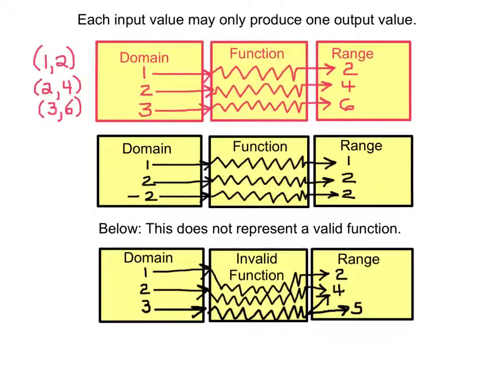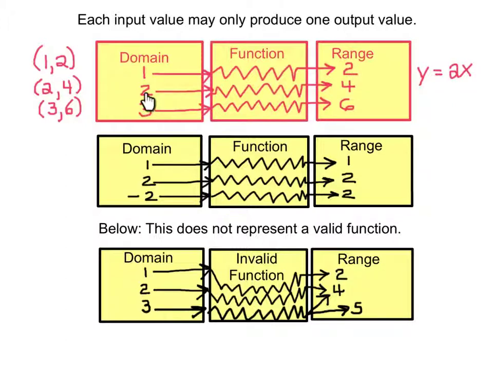And if you think about this, the equation that represents this function is that y is equal to 2 times x. Here, when we input 1 for our x value, we multiply 2 times 1, and our output y value becomes a 2.